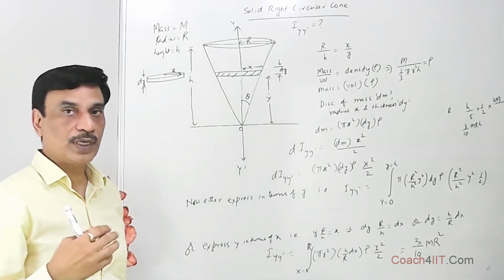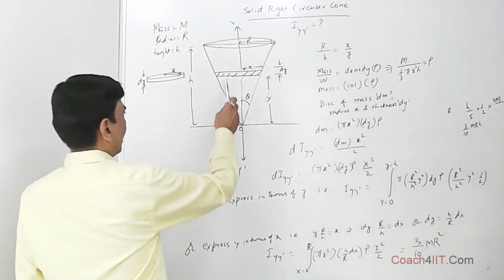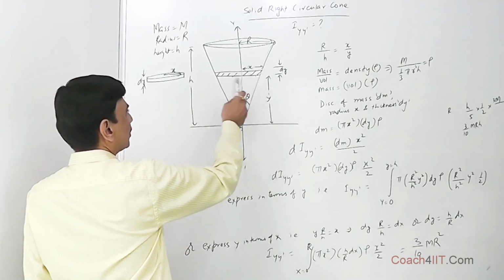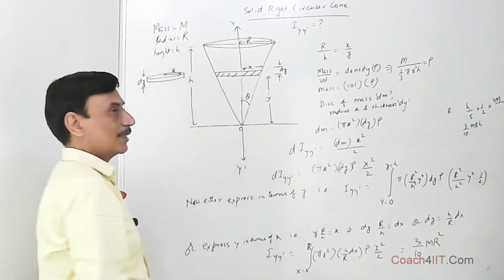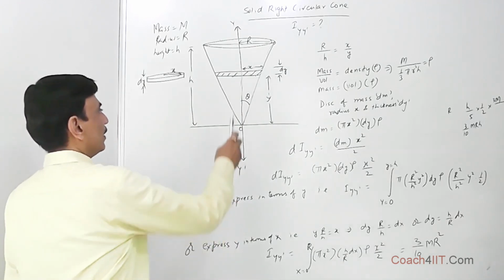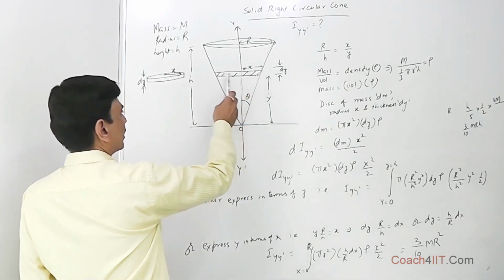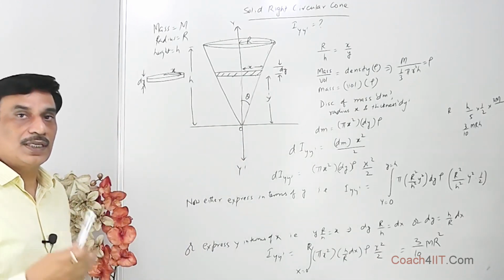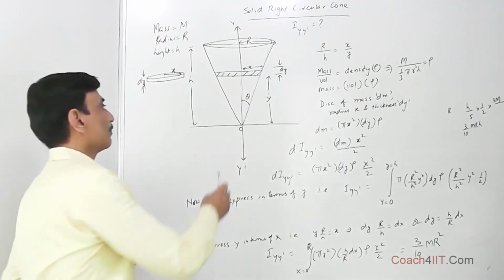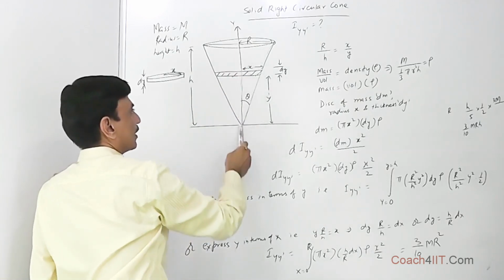Now how we are going to proceed is, we are going to find the mass dm of this general disk, which is at a distance y and whose radius is x. We'll find the moment of inertia of this disk. We know the formula is m r square by 2, so here it comes out to dm into x square by 2, the moment of inertia of this disk about the central axis.